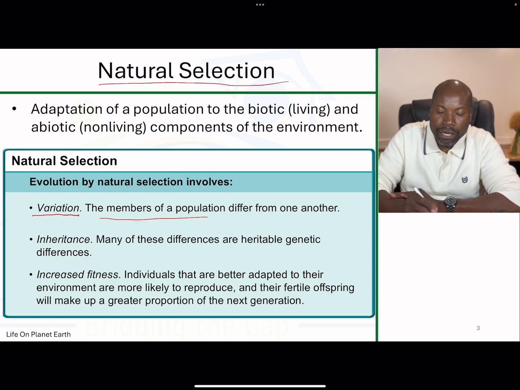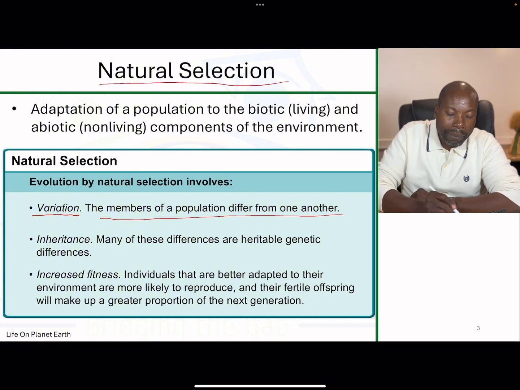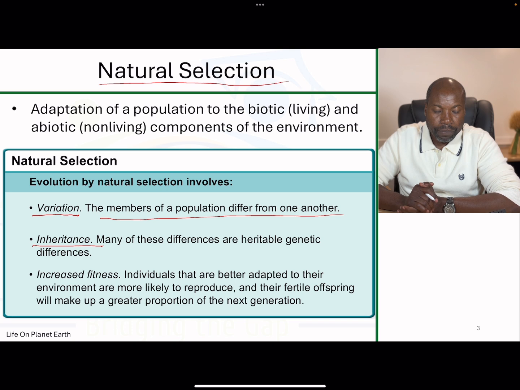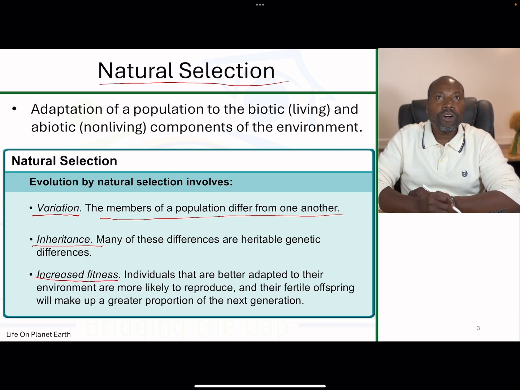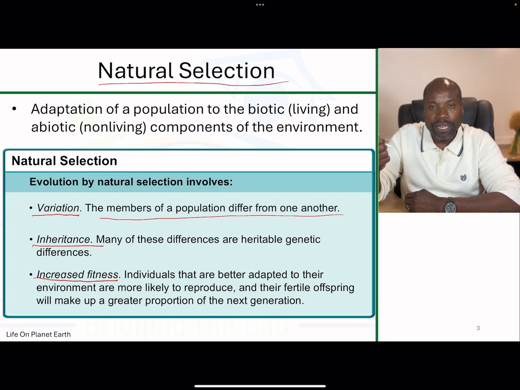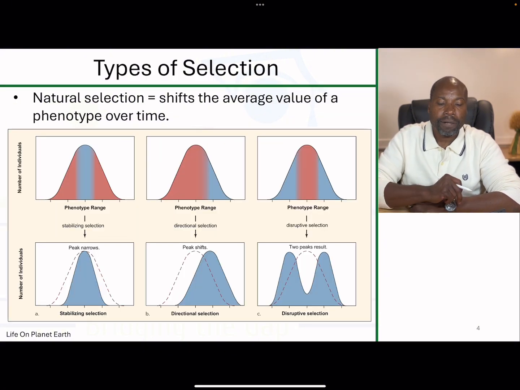Members of a population are different one from another. Two, we can pass down the features from parents to offspring. And then there is an increase in fitness. In other words, those that reproduce are the ones that leave behind the genes for the next generation that are going to be passed down to the next generation, right? Any organism that is not fitted is just going to disappear.